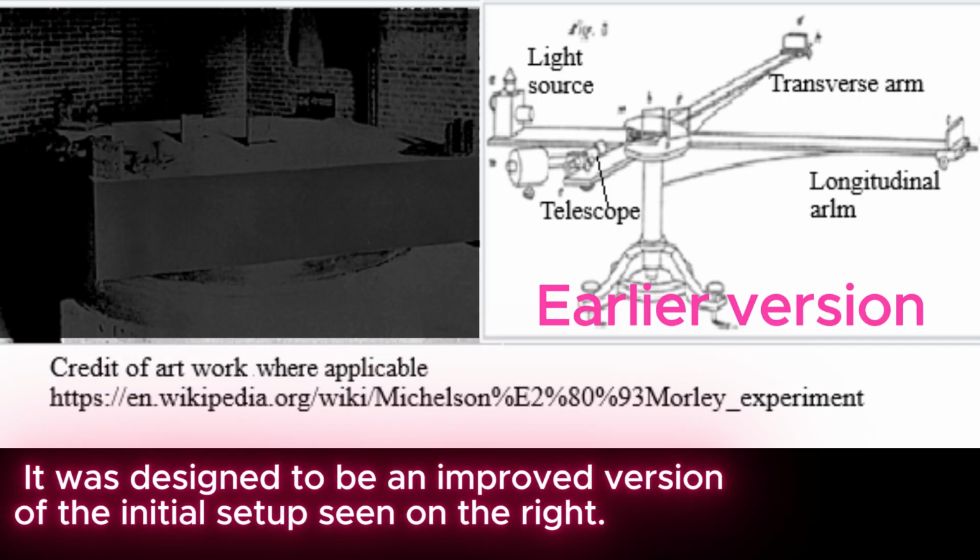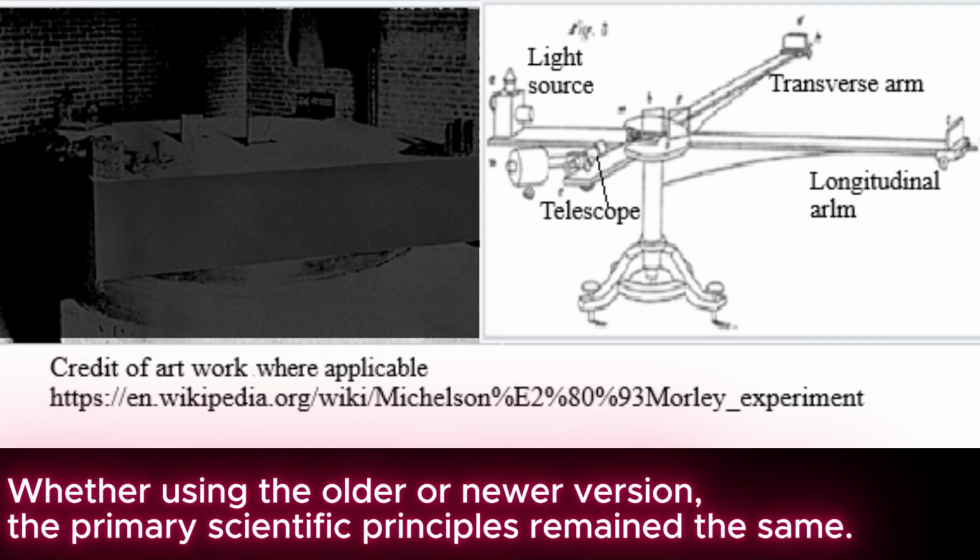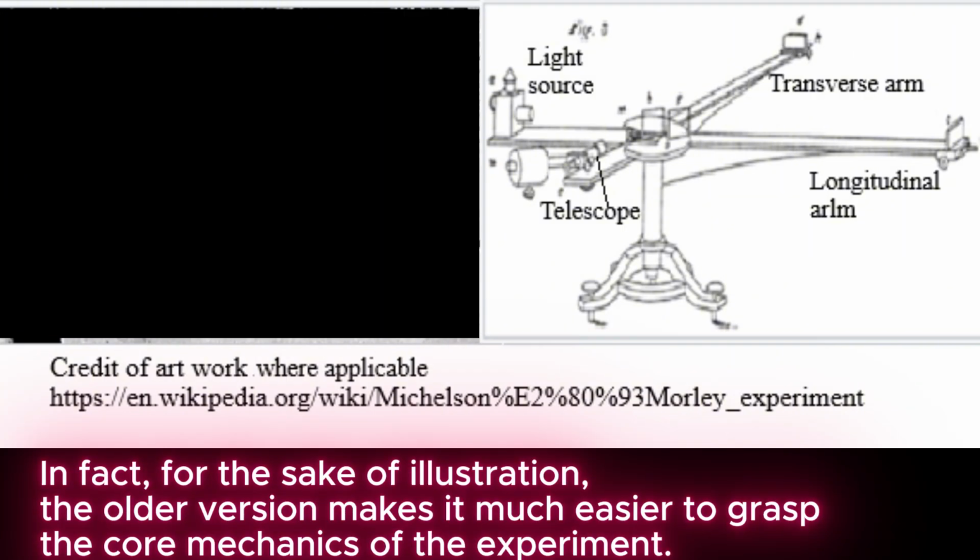It was designed to be an improved version of the initial setup seen on the right. Whether using the older or newer version, the primary scientific principles remain the same. In fact, for the sake of illustration, the older version makes it much easier to grasp the core mechanics of the experiment.